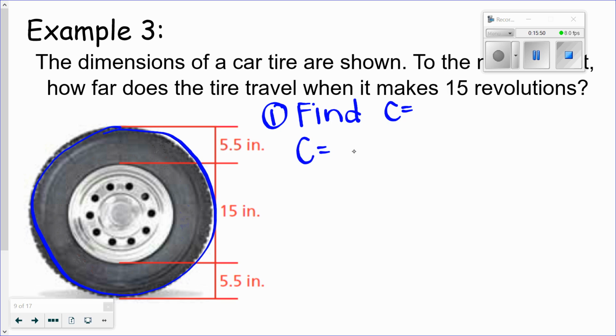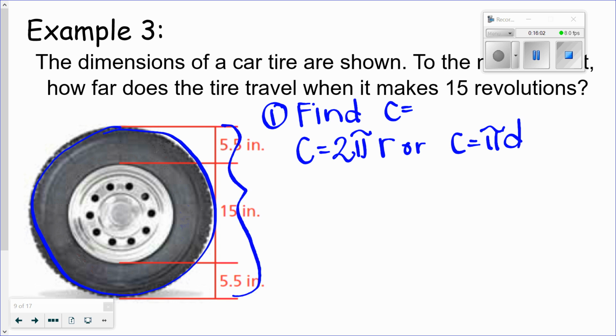So C equals 2 pi r, or you could even use pi times d. Okay, so when you add all these up, this will be the diameter. Okay, so let's go ahead and plug that in. The circumference, when you add all those together, it's 26. So pi times 26 is 26 pi.